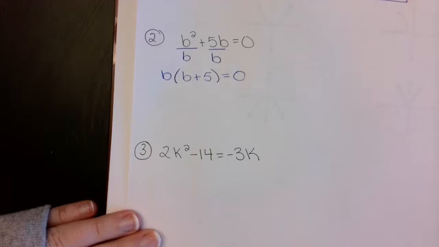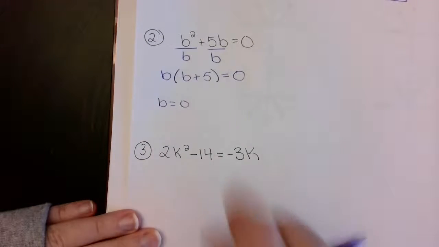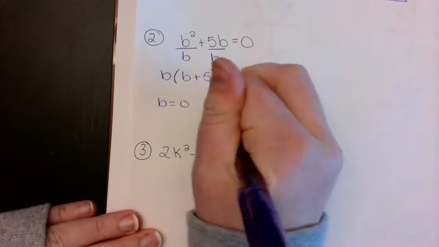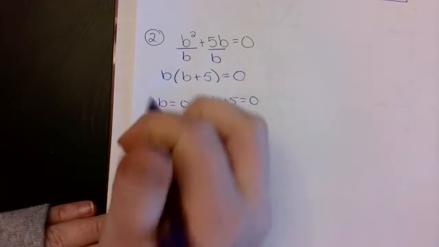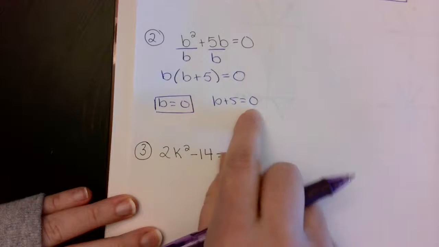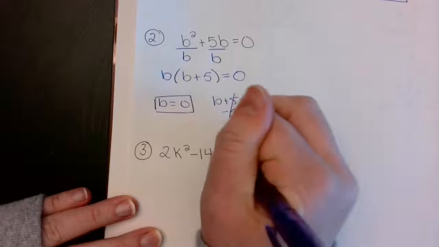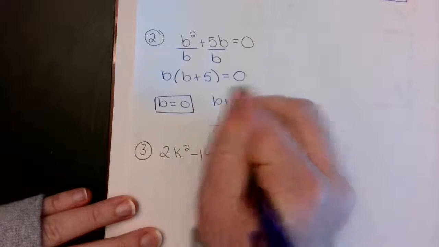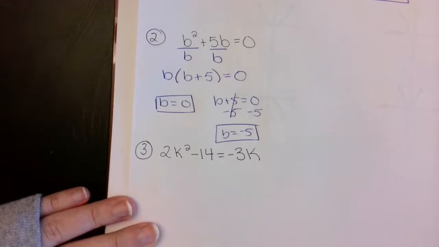Now do not forget to set both factors equal to 0, so that b has to equal 0 and that b plus 5 equals 0. This one's already solved. One of our answers is b equals 0. And then we solve our other one, subtract 5, b equals negative 5. Those are my two answers to my quadratic equation.